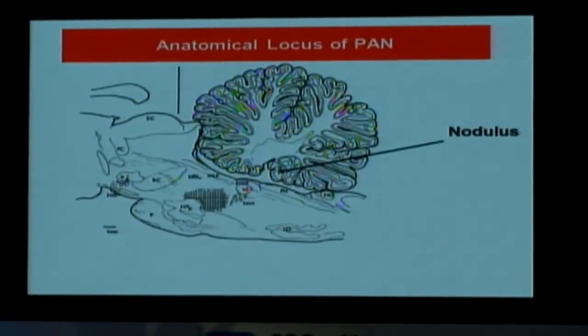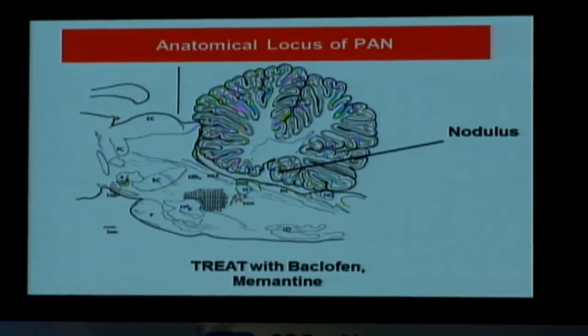We know more about this nystagmus than almost any other type of nystagmus. It's unusual and it's quite dramatic, but we know its pathophysiology, we know its anatomical localization, and we know its treatment, baclofen. It makes up for the missing GABA that is absent when you have a nodulus lesion.